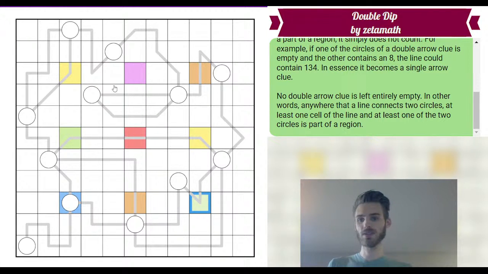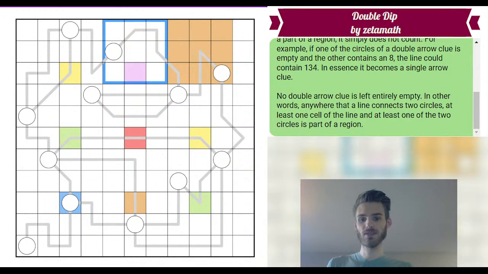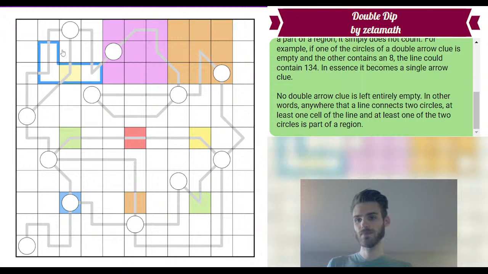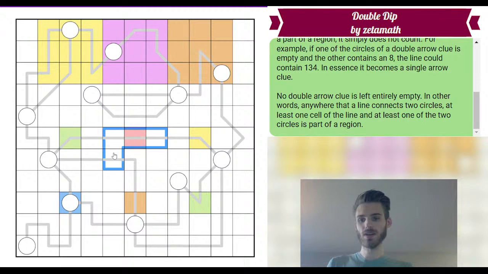So I couldn't build my regions like this, for example.